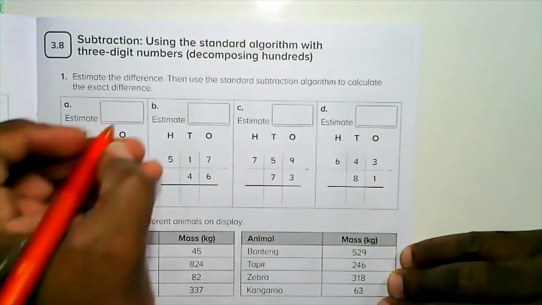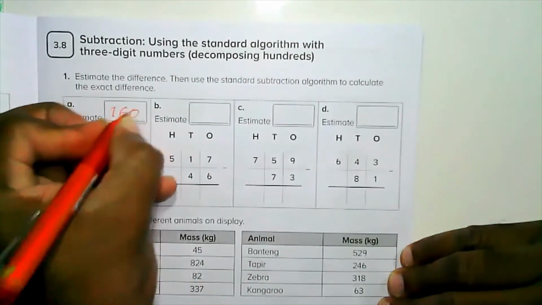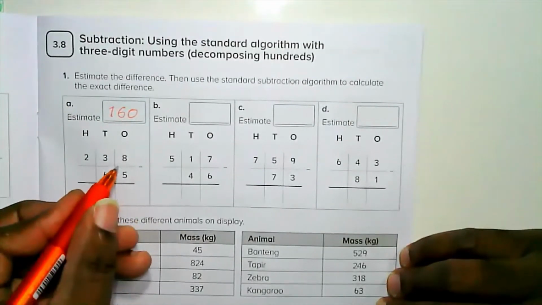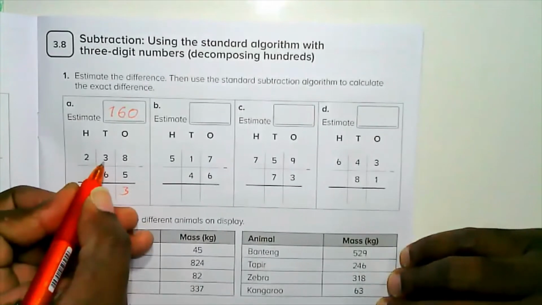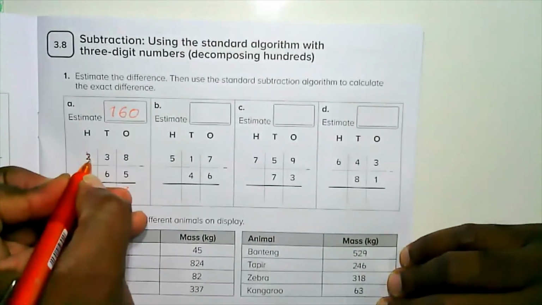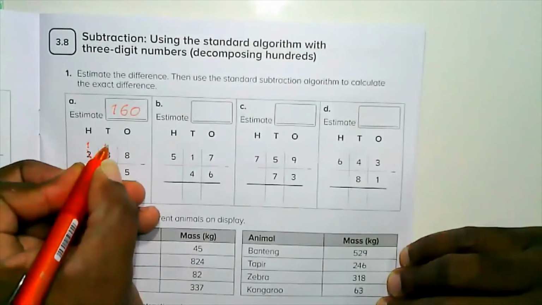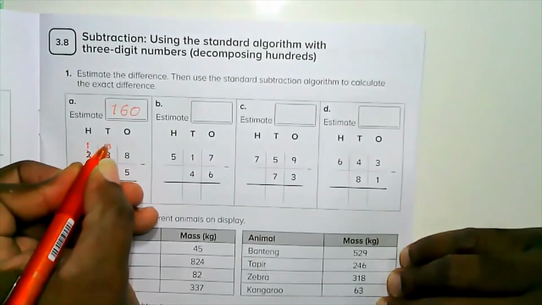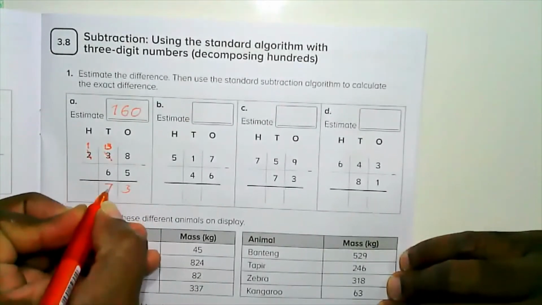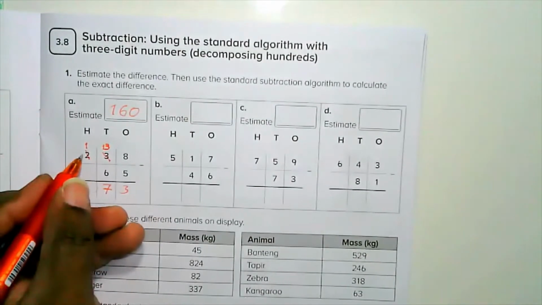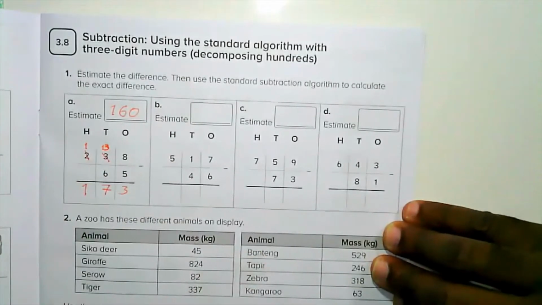So it will be 160. So let's see. 8 minus 5 will be 3. 3 minus 6 is impossible. Borrow 1. This remains 1. And add the 1 here. 13 minus 6 will be 7. And remain 1. So that is very correct.